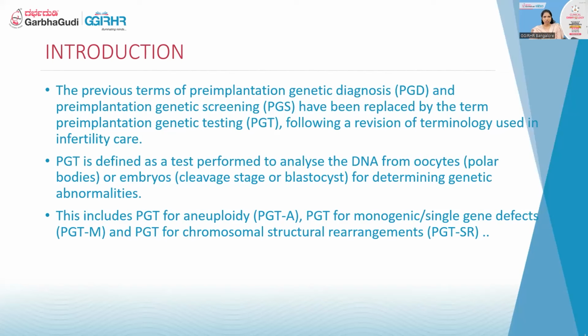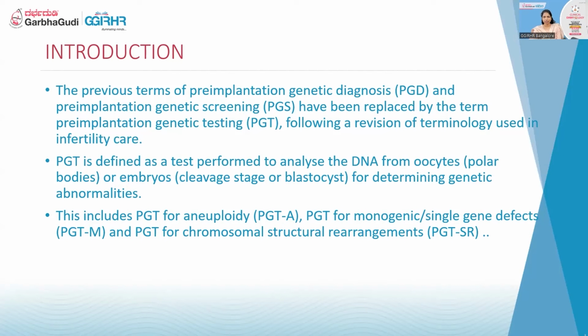So what is PGT? It is defined as a test performed to analyze the DNA of an oocyte, from a polar body, or of an embryo at the cleavage or blastocyst stage, for determining genetic abnormalities. If you want to test aneuploidy, it is called PGT-A.